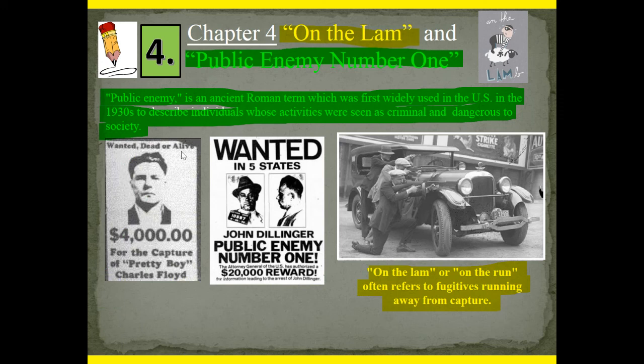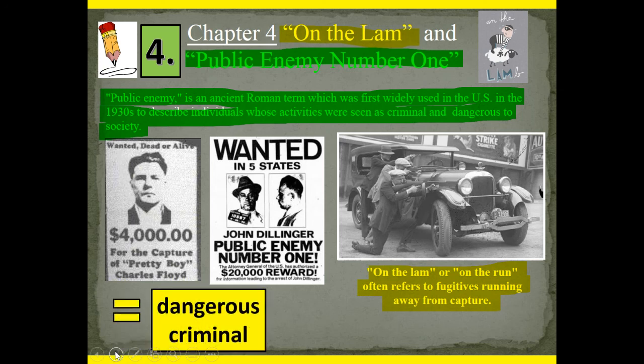It says, wanted dead or alive, $4,000 for the capture of Pretty Boy Charles Floyd, or wanted in 5 states, John Dillinger, public enemy number 1, $20,000 reward. So public enemy number 1 means dangerous criminal. That could be a shorter definition. Number 4, public enemy number 1, dangerous criminal.